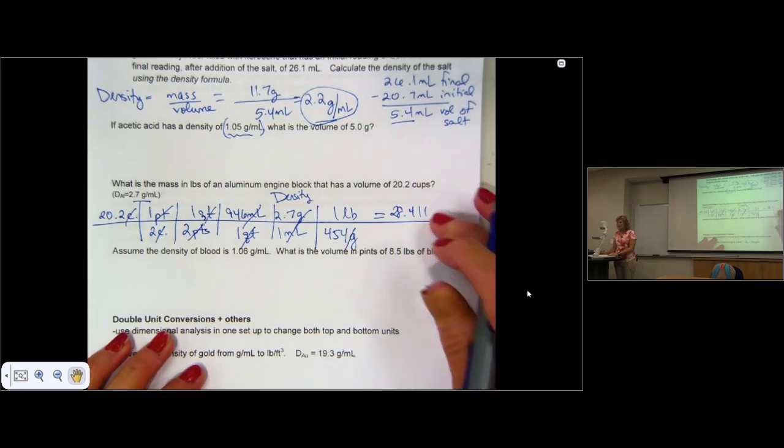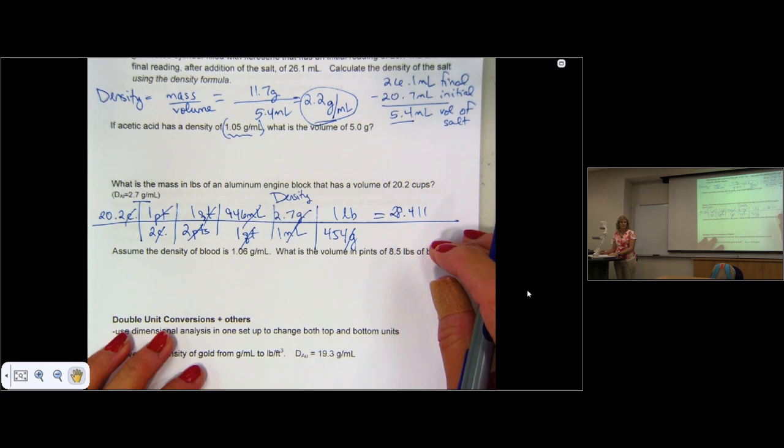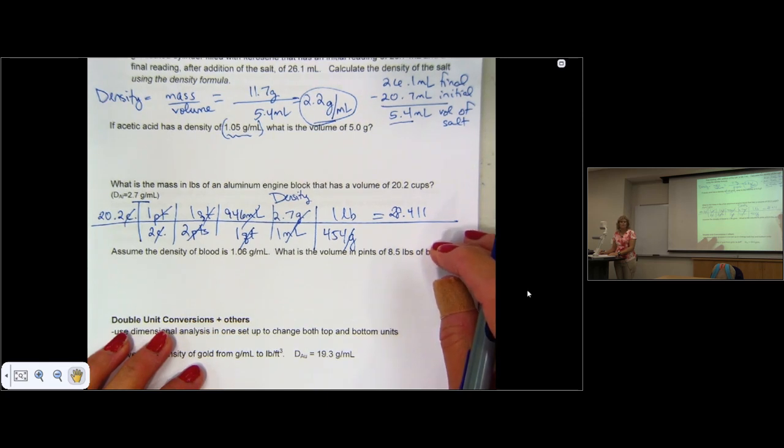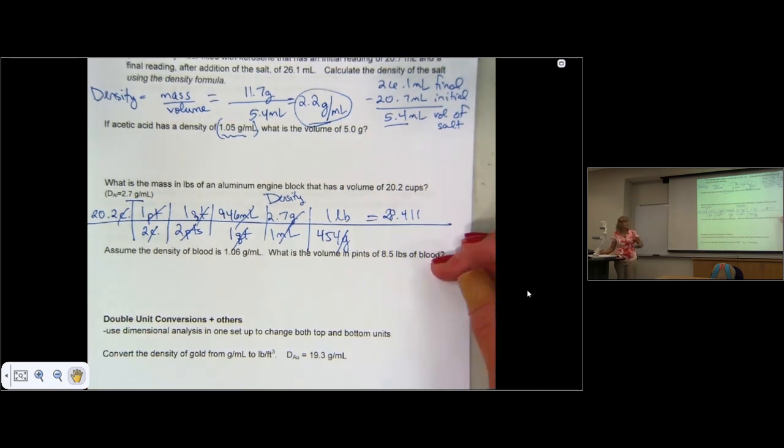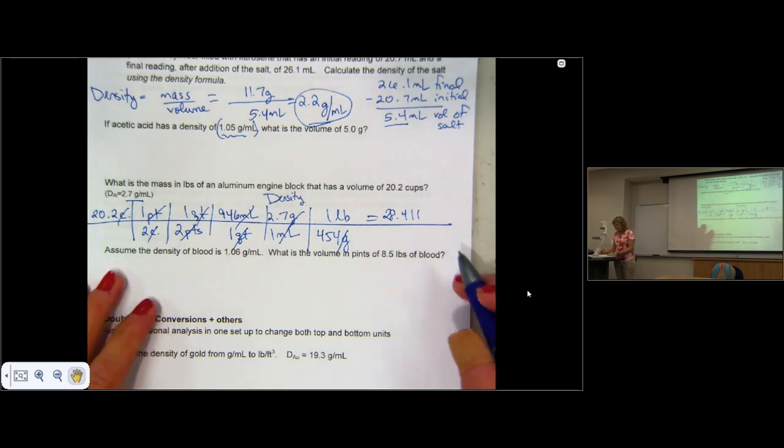Did anybody not get that on your calculator? Because I want to strongly, strongly, strongly encourage you Wednesday to have everything you need for class. Some of you are just writing it as I write it. That's not helping you. You've got to be thinking ahead of time, not waiting on me. And when you don't have your calculators, that's hard to do.